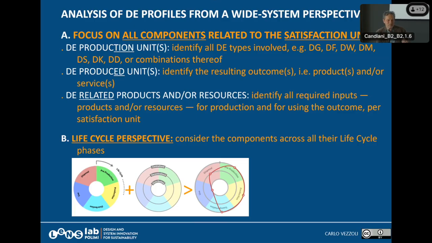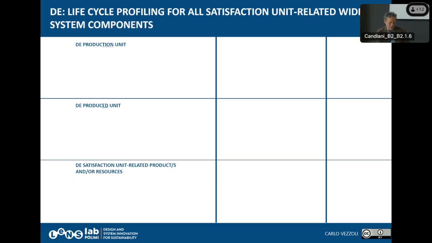But since this is a bit complex, I need to make some examples. If not, you don't get anything. So I'm here: distributed production unit, this produced unit, and distributed economy satisfaction unit, related products and resources. So something that is needed within the satisfaction unit to do the things.